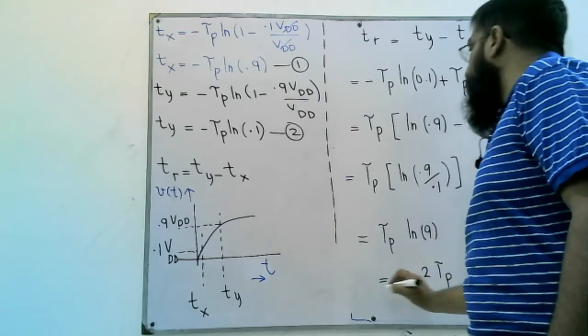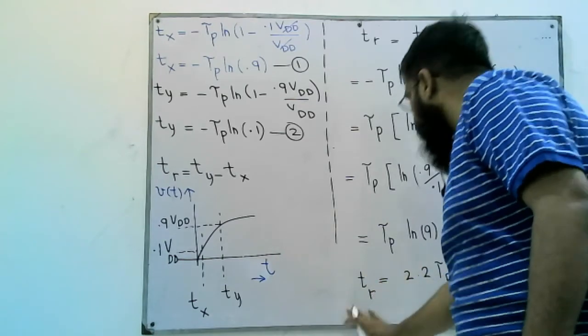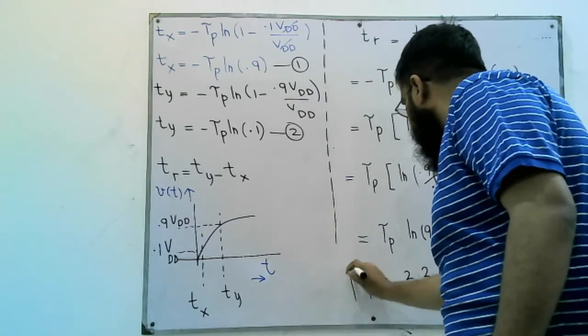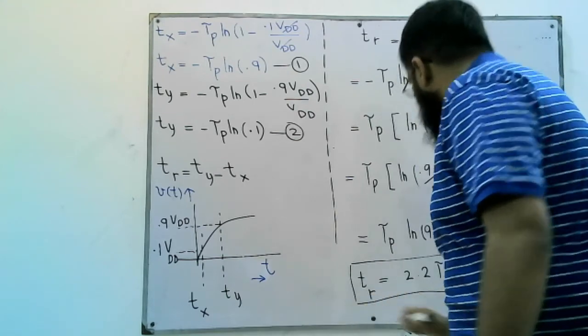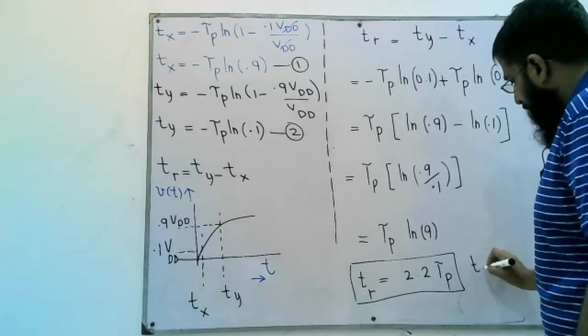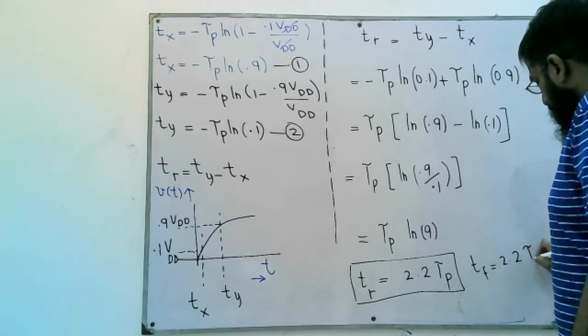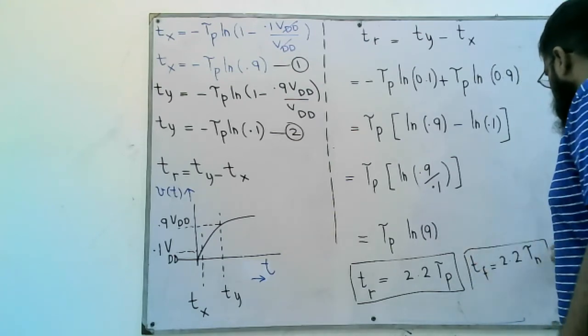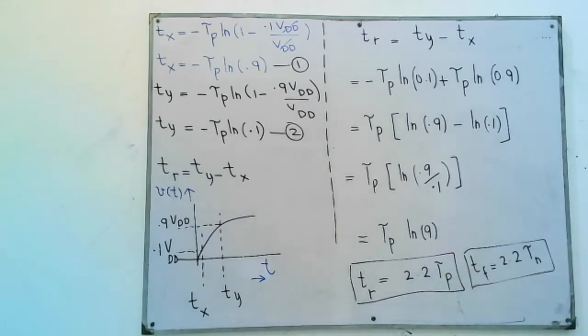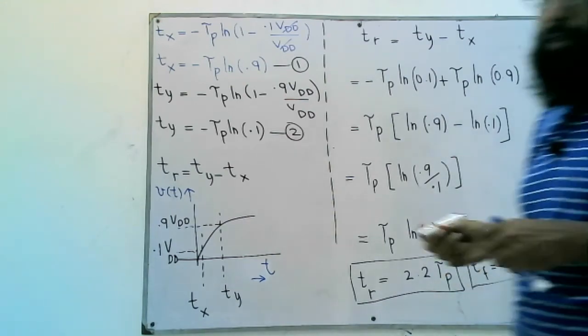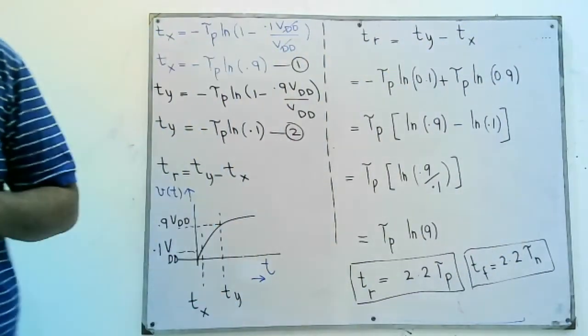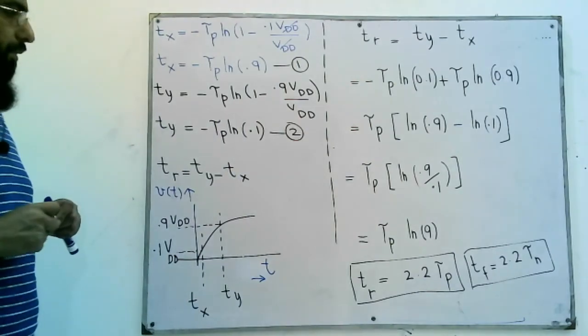So the general expression for TR for CMOS NOT is 2.2 tau p, and we studied in our previous lecture that TF was 2.2 times tau n. So with these two expressions we will continue studying more about transient analysis in our upcoming lectures. Thank you.